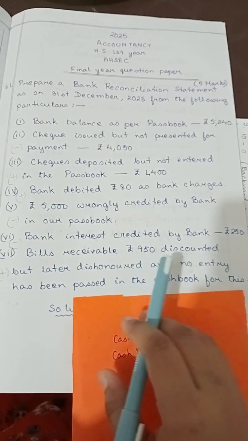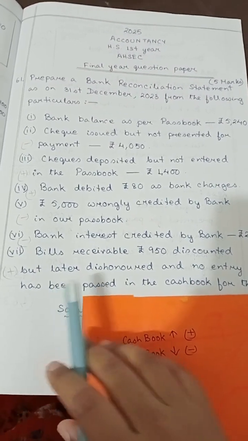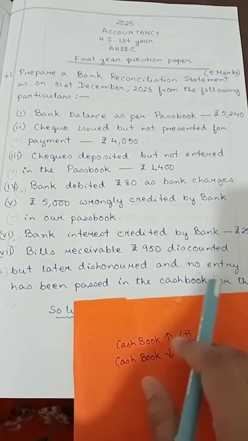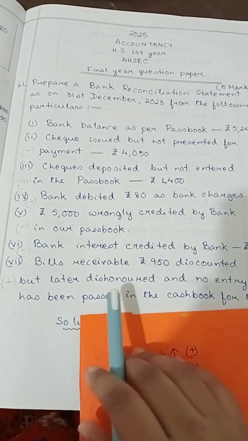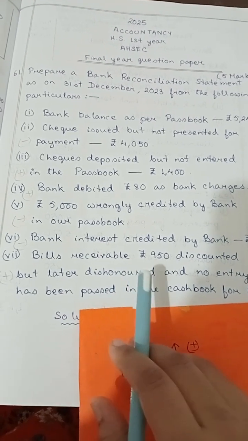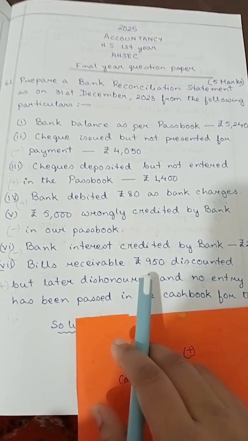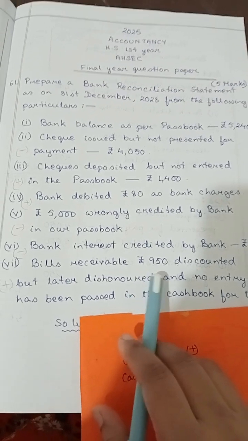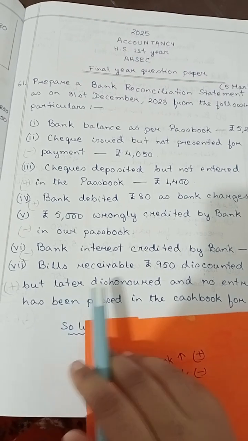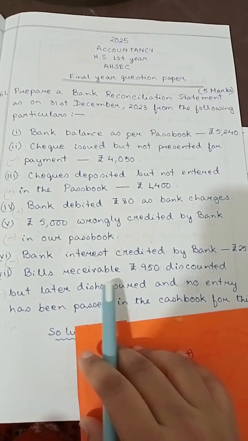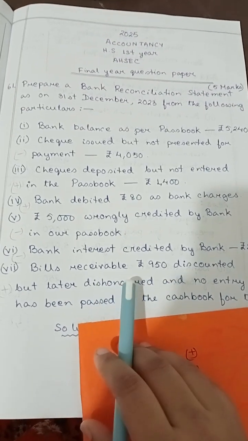Then bills receivable rupees 950 discounted but later dishonored, and no entry has been passed in the cash book for this. Bills receivable being discounted means the customer of the bank has received rupees 950 by discounting the bills receivable.